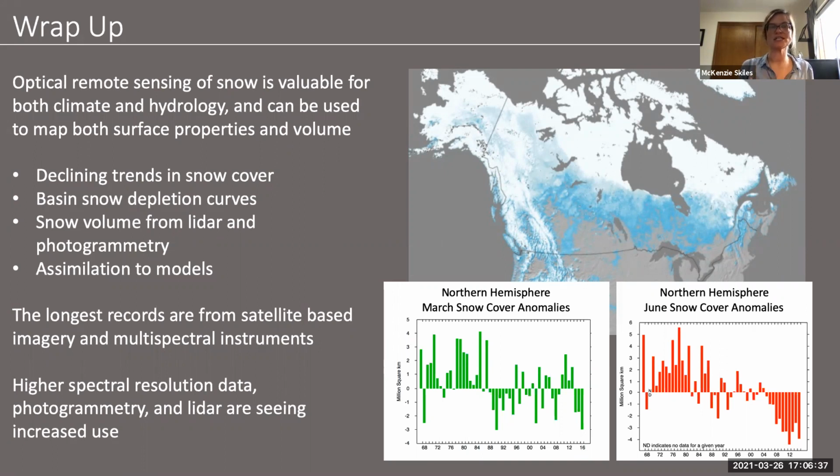So the returned intensity that you would get from LiDAR would be related to grain size. You might get a lower returned intensity with larger grains and a higher returned intensity with smaller grains. But it does require knowing a little bit more information at the surface if you want to turn your LiDAR intensity into a reflectance value, which is what you really need to relate it back to grain radius.